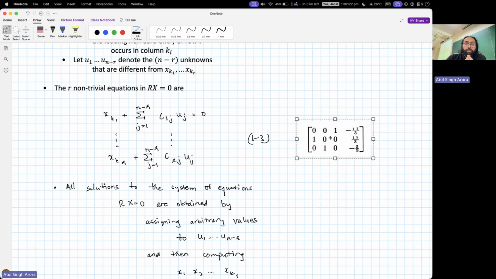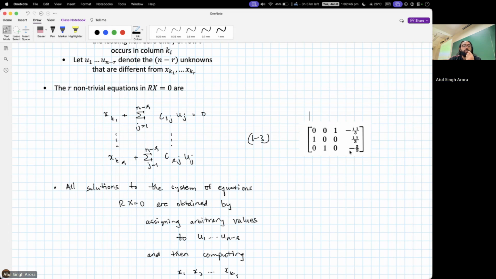All right. So okay, it's not quite in the row echelon form, but just pretend that this top row is at the bottom. Now in every equation that you write, every equation would have only one x, because I'm only labeling the first three columns using x. The fourth column is labeled using a u variable.